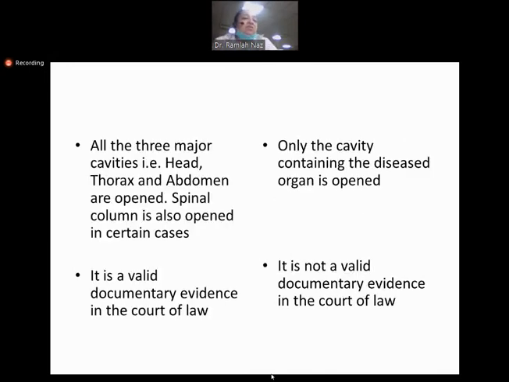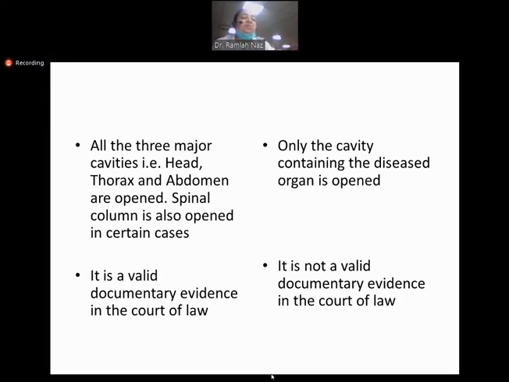All three major cavities, as I already told you, the head, thorax and abdomen, are opened. The spinal column is opened in certain cases, like in cases of RTAs, free fall, or poisoning like strychnine, some spinal poisons; in those particular cases you have to go for the autopsy of the spinal area.